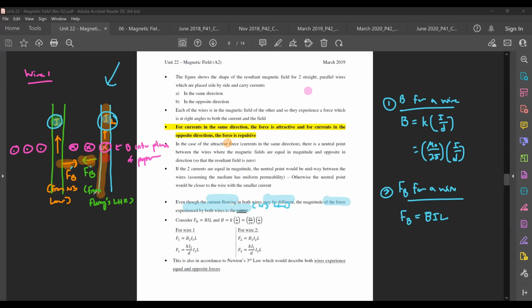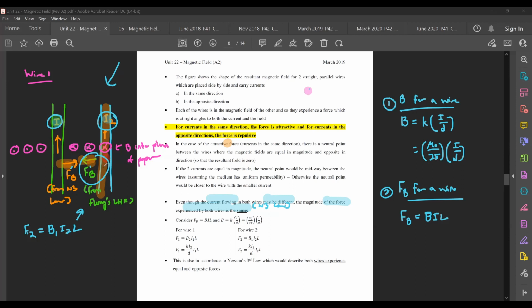Let's just say that right now I want to talk about the magnetic force acting on wire 2. I can say that the magnetic force on wire 2 is B1 I2 times L. L is the length of the wire inside the field.